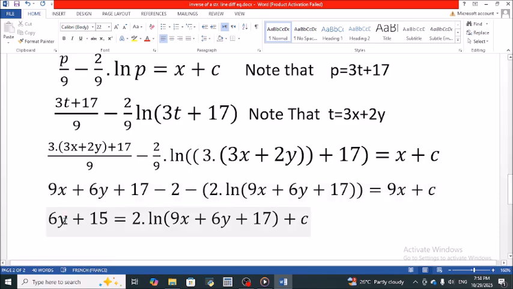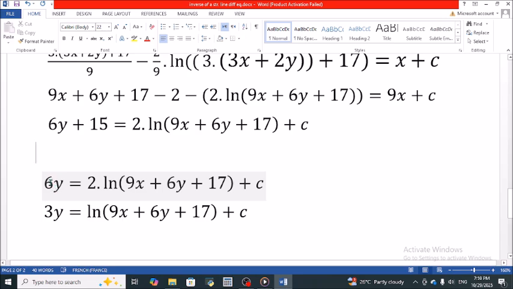So we are left with 6y, and 17 minus 2 makes 15, so we have 6y plus 15 equals, transferring this quantity to the right-hand side with a negative sign, twice ln of 9x plus 6y plus 17 plus c.